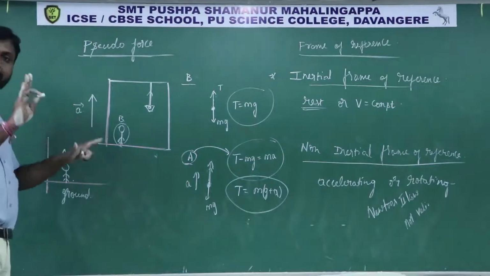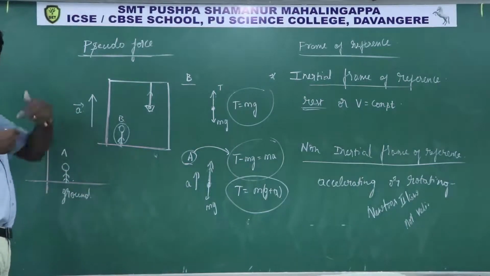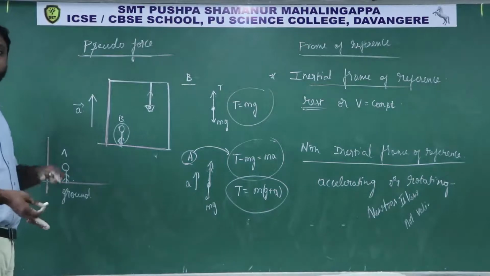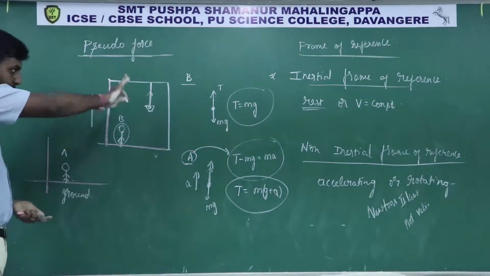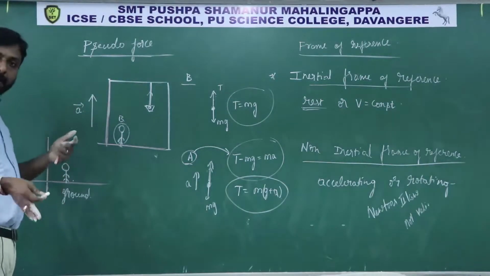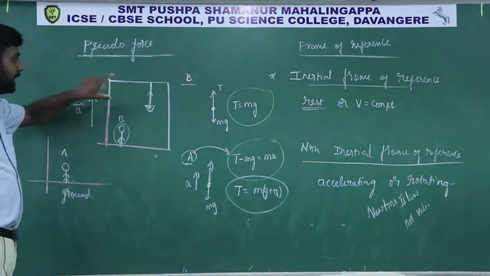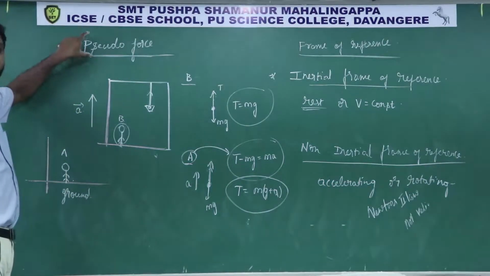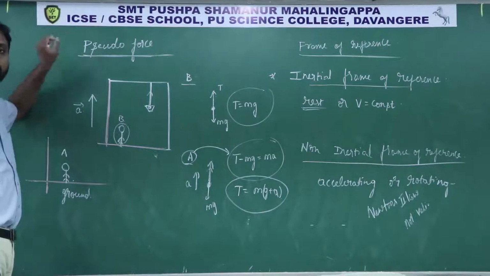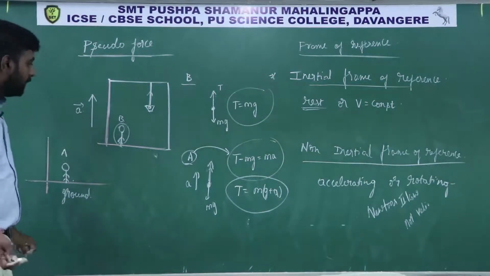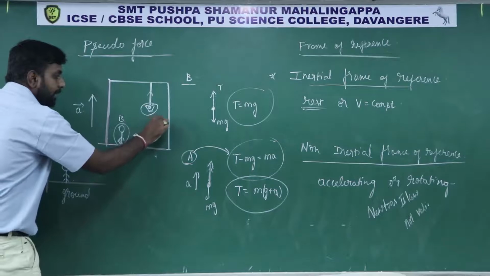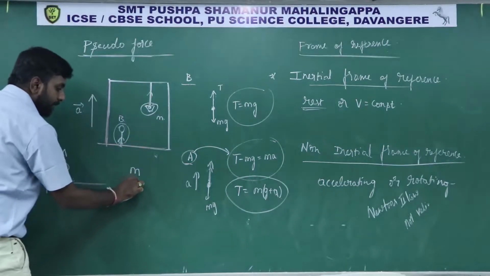A person in an accelerated frame is observing the motion of the body, which is accelerating. In that case, to apply Newton's second law in an accelerated frame, he will introduce a virtual force or false force, that is called pseudo force. How to introduce that pseudo force? Suppose this object's mass is m.